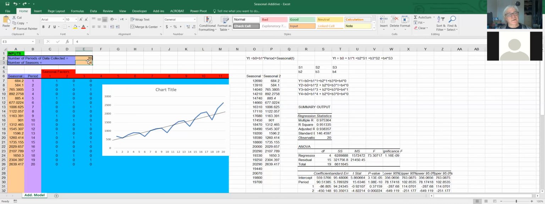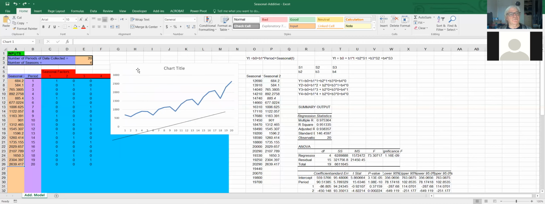But I put 4 because we have a time series of 4. You can see 1, 2, 3, 4, and then 1, 2, 3, 4. So it's very, very constant. Well, this time series was selected, so it'll be easy to figure it out. So now you have columns of zeros and ones.